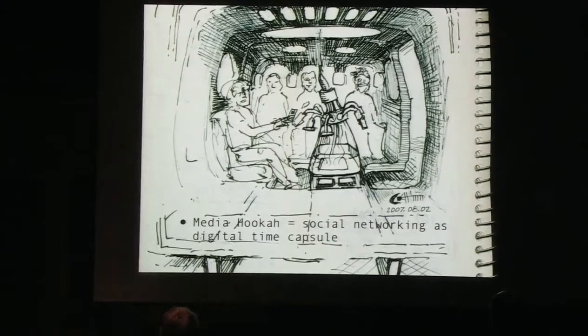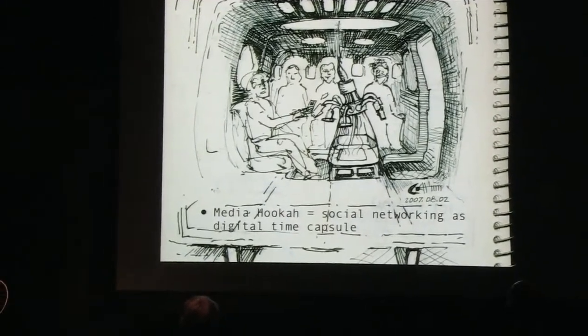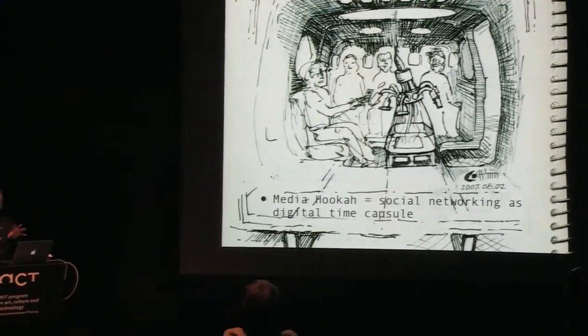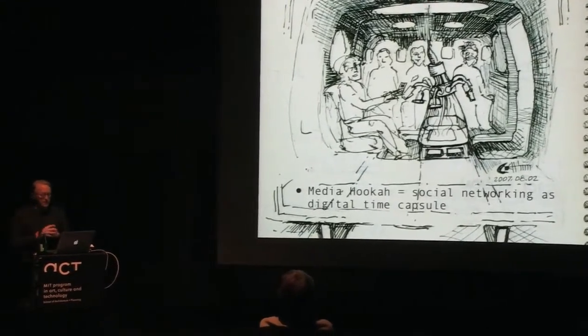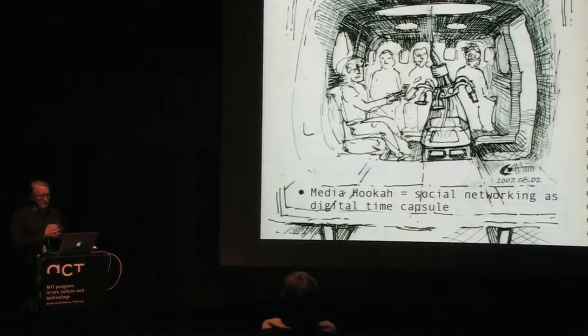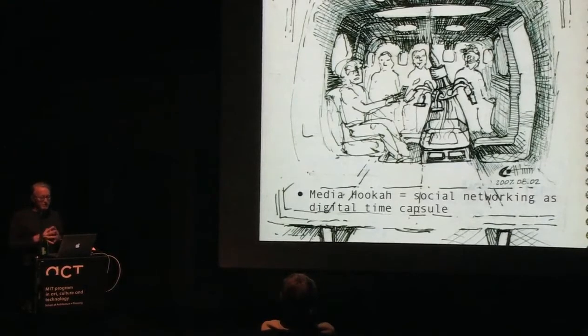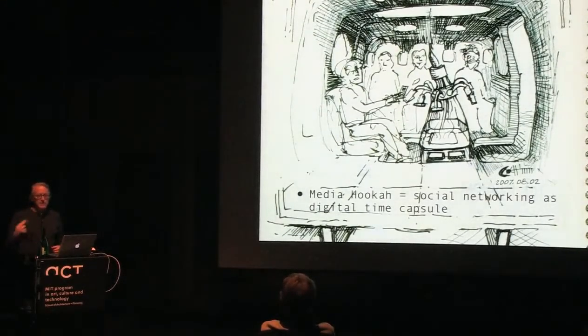So there are a number of key points to be made about how this project was conceived, and one of them is that at the center of the van, it would recapture the feeling of sitting around a hookah and sharing, in this case, sharing media.